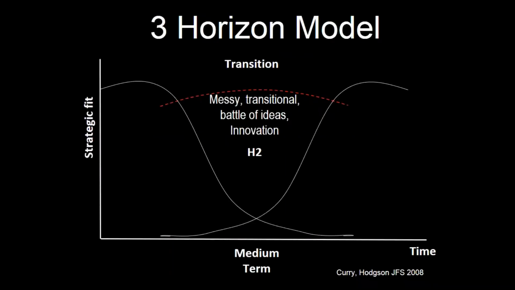In futures work, sometimes we use this three-horizon model that was developed by Curry and Hodgson to describe how we might think about these changes. So we might have a situation with a very high strategic fit to start with, and over the long term we think it's not going to work. For example, we don't think coal-fired power stations are going to be great over the long term because we're worried about climate change.